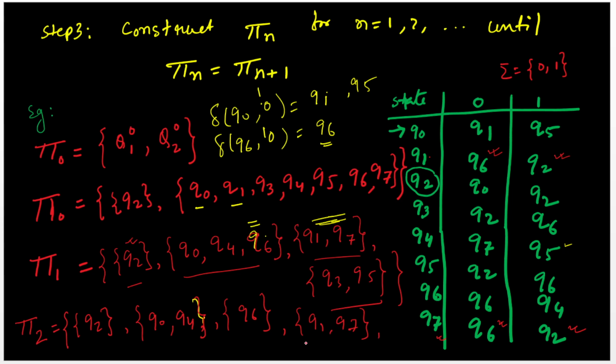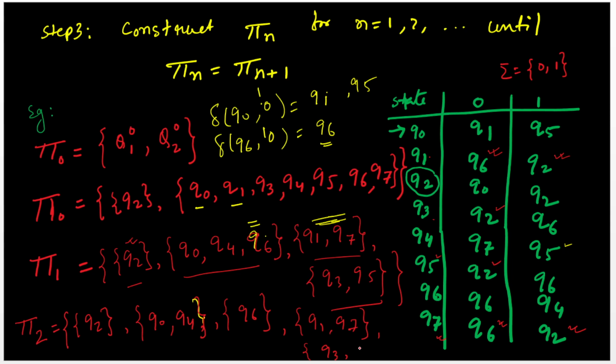Now we check whether Q3 and Q5. Again we check. Q3 gives Q2 by taking 0, and Q5 gives Q2. So Q2 belongs to the same equivalent class of pi 1, no problem. And for 1, Q3 gives Q6, Q5 on 1 gives Q6. So again they are in the same equivalent classes of pi 1.